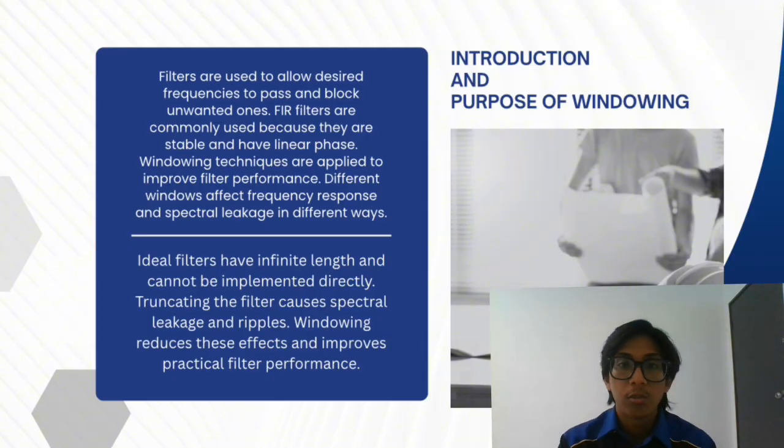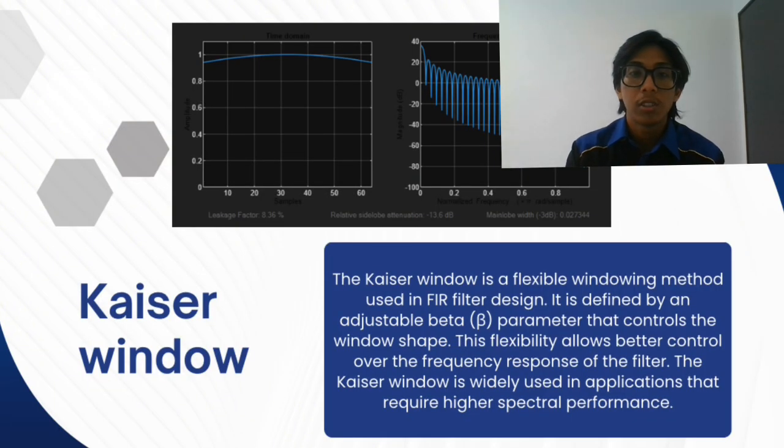So the first filter that we chose is the Kaiser window. By looking at the graph here, we see that the Kaiser window is a flexible windowing method that is used in FIR filter design.